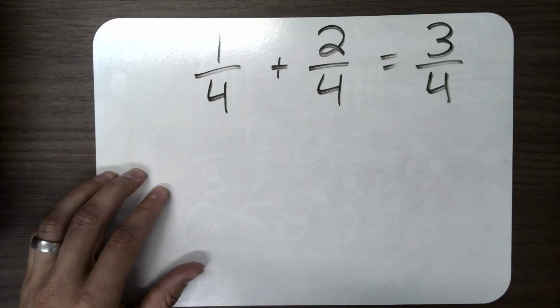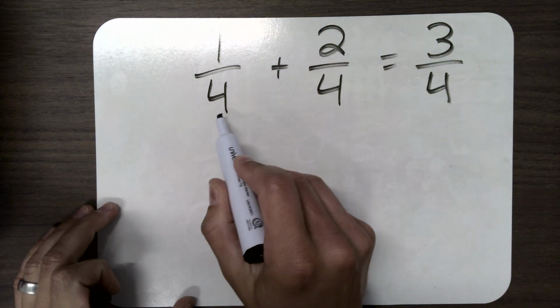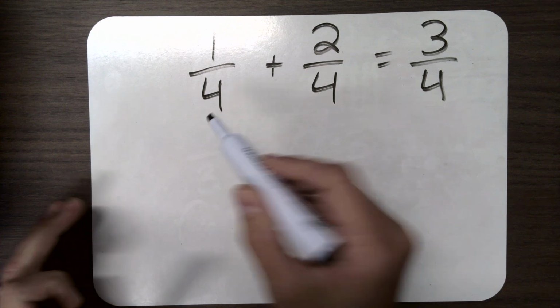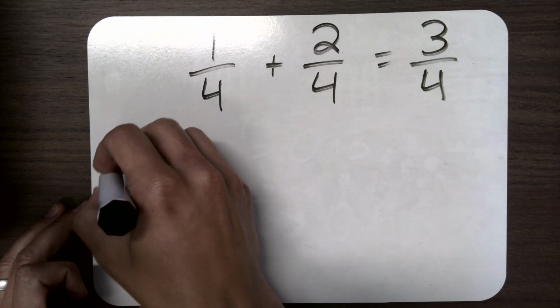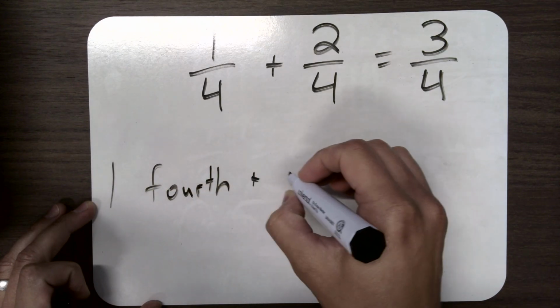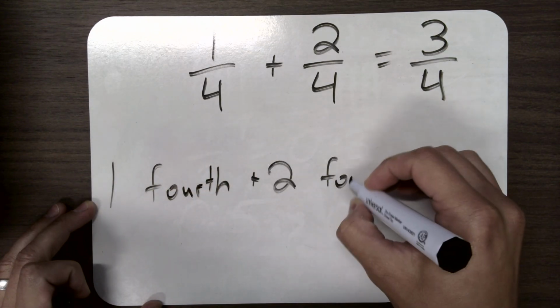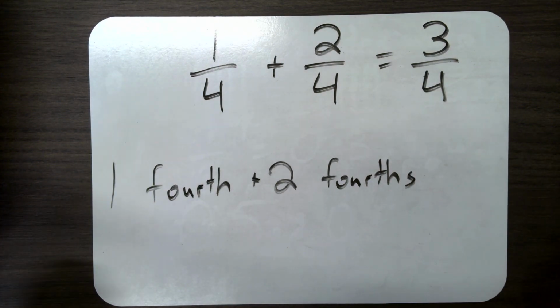Another way to think of this abstract model, again, our denominator is the name of the part. It's the size of the part, but it's also the name of each part. So another way that we can think of this is 1/4 plus 2/4. Okay, so we're just changing this into a whole number addition problem.